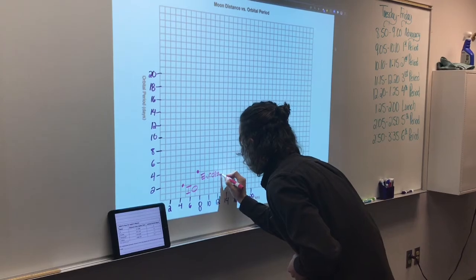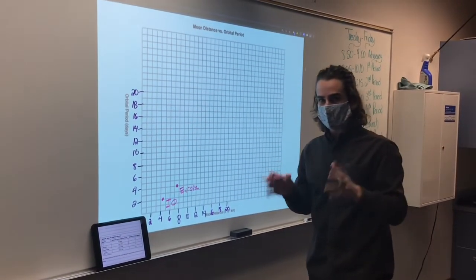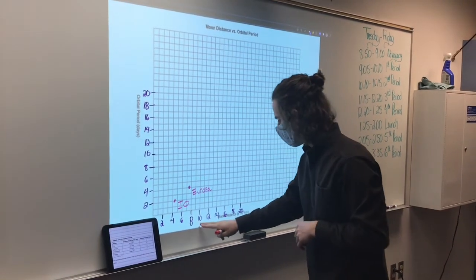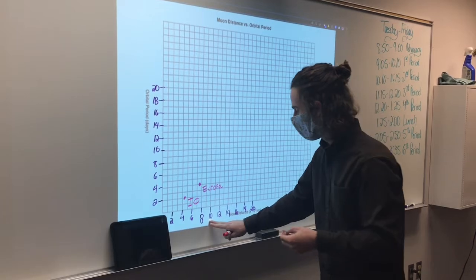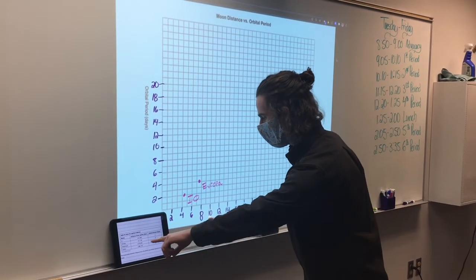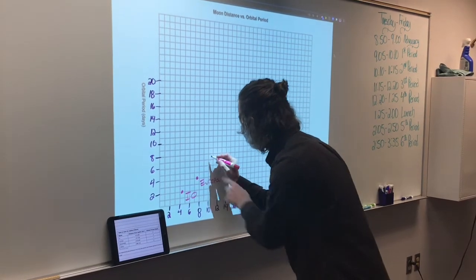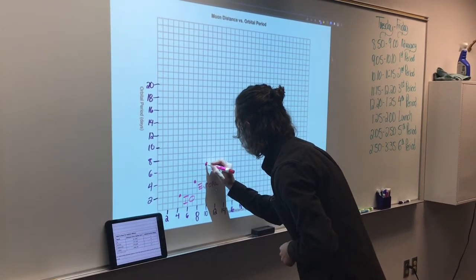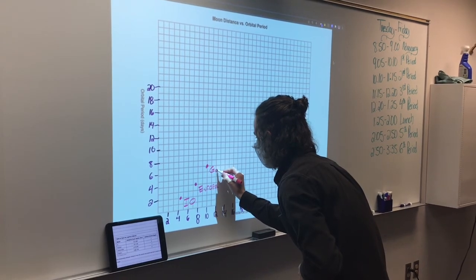And then the next one is Ganymede. Ganymede is about 1 million kilometers away from Jupiter. And it has an orbital period of 7 days. And this is Ganymede.